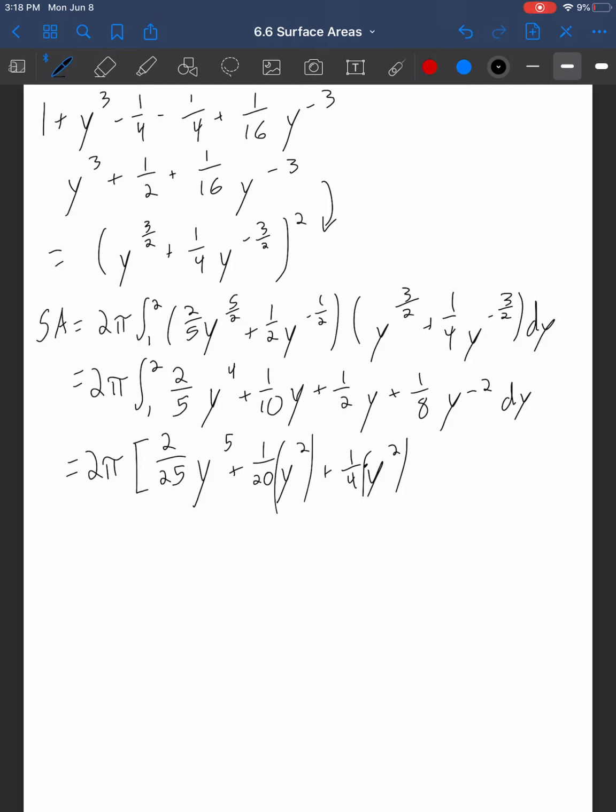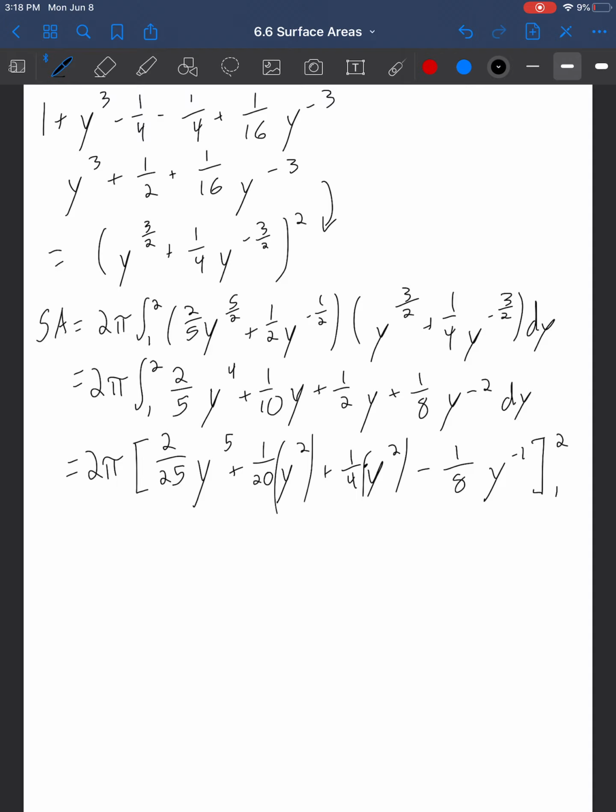Finally, we have this 1/8 y to the negative second. If I add 1 to -2, I'm going to get -1. And then if I divide by -1, I still get a -1. So this transforms into -1/8 y to the -1, evaluated from 1 to 2.